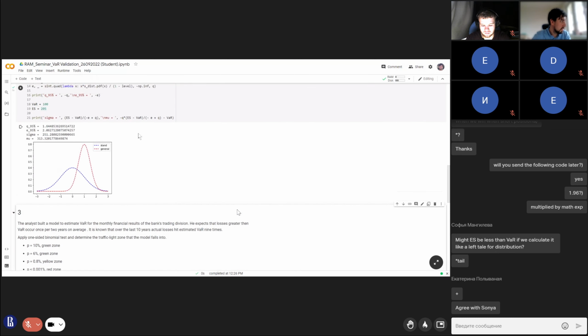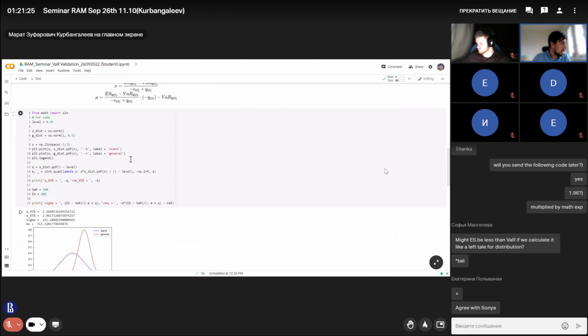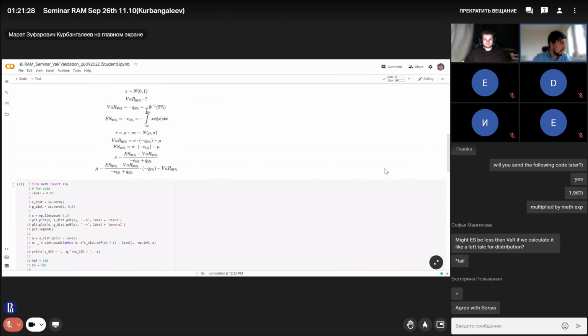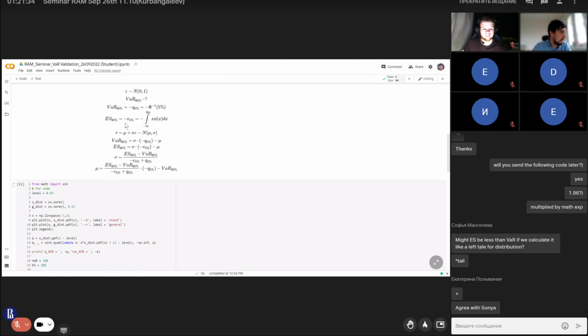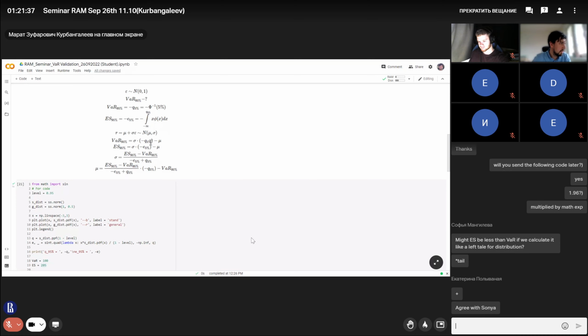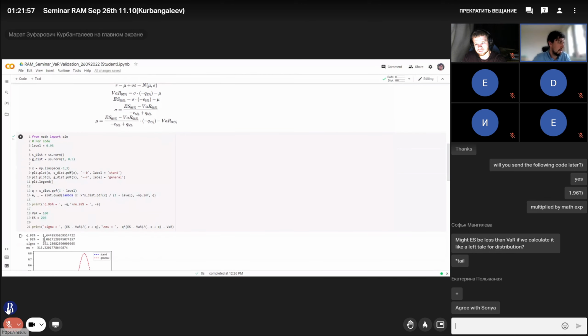Nonsense. Probably I missed some sign somewhere. So this is the first one, this is the first one, and this is the value. So the value is greater, and then I deduct mu, right? And that's what I do here as well. Okay, and this is the difference between expected shortfall and VaR, and here as well. Okay, everything holds here.